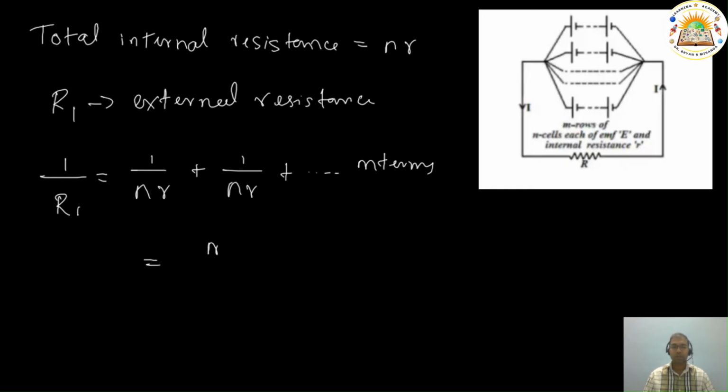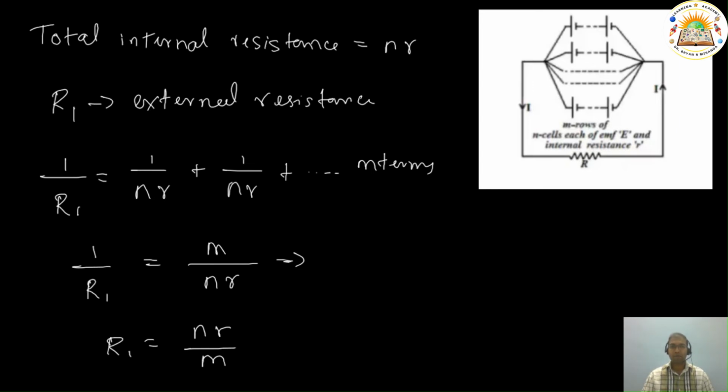That means the last term is m times 1 by nr, so I can write it as m by nr. So my R1 is nothing but nr by m.